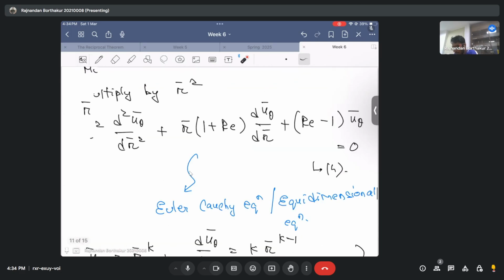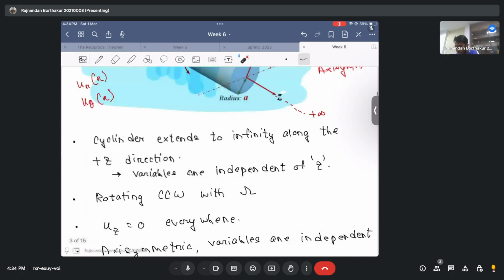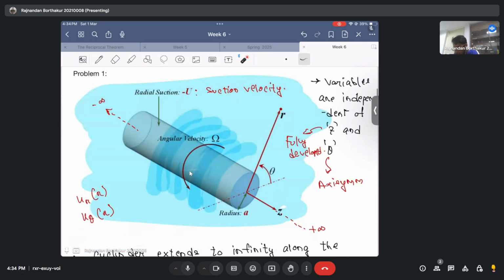Just to give you a recap, we'll finish by giving you a recap, because it was indeed a long problem. So what we did is, we were trying to solve for the velocity fields ur and u theta, and also the pressure, for a problem where there was a cylinder rotating in the counterclockwise sense with some velocity omega, and there was a radial suction, because the cylinder surface is porous.